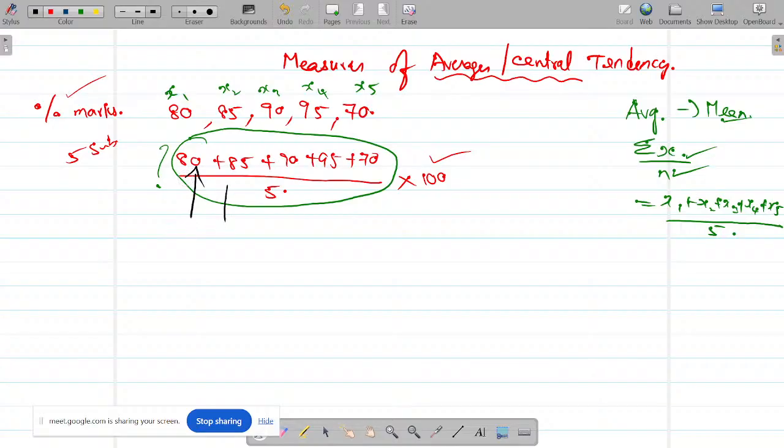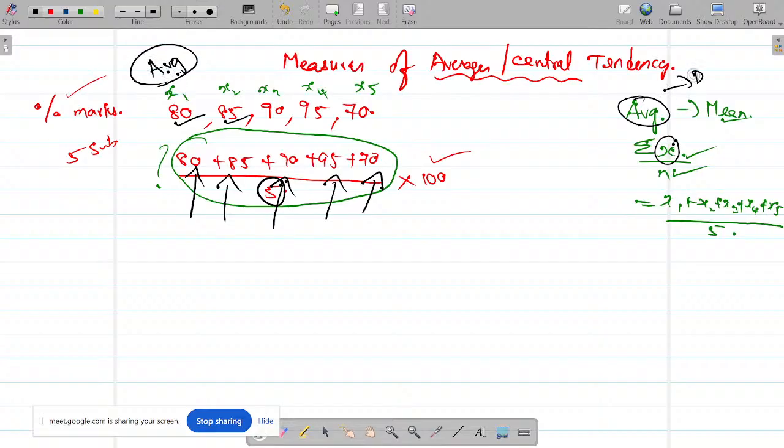You took the first subject mark, second subject, third, fourth, fifth subject, and divided by the number of subjects. Here we are naming this 80 as subject 1 marks, this 85 as subject 2 marks. But here we are using a general concept of taking the average: you add everything and divide by n.